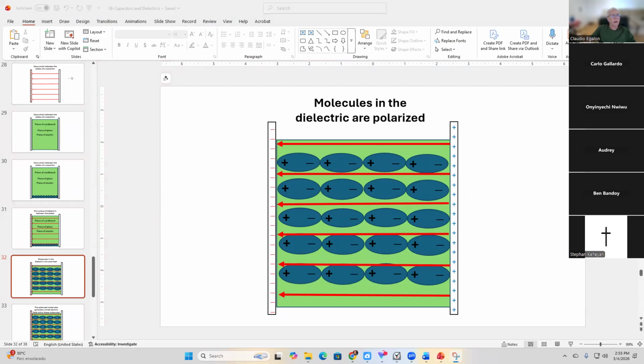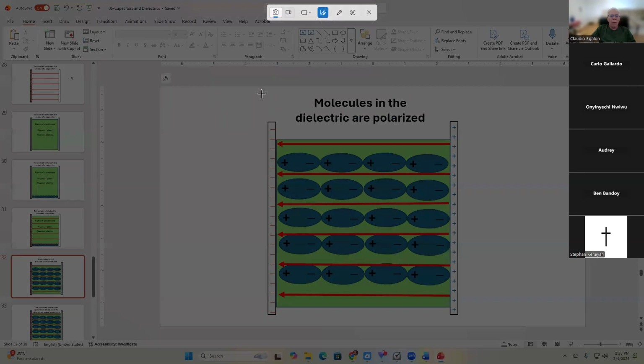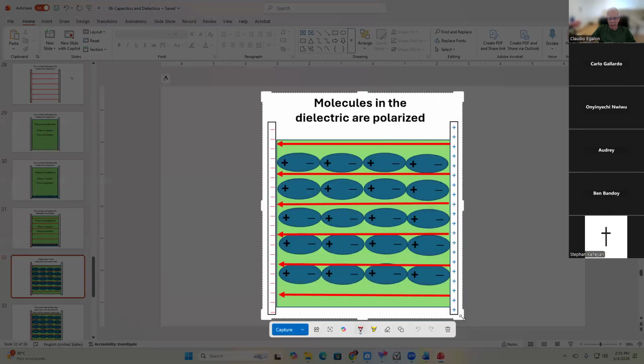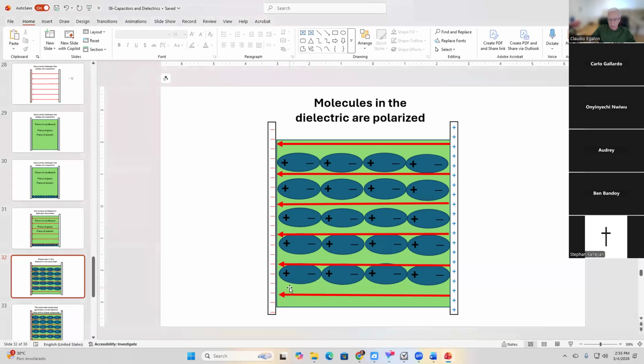Here's the snipping tool. New. I'm going to capture this. Now let's highlight capture. Didn't do anything. The software is misbehaving.